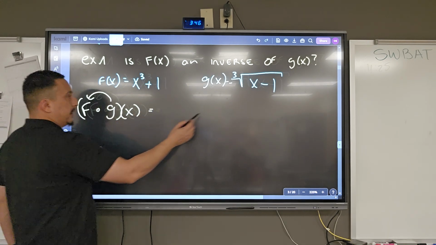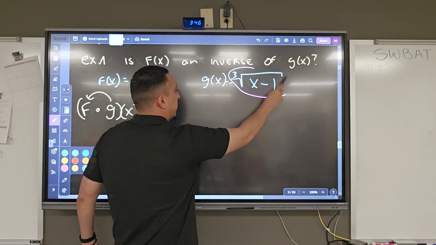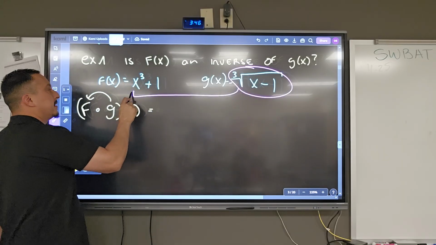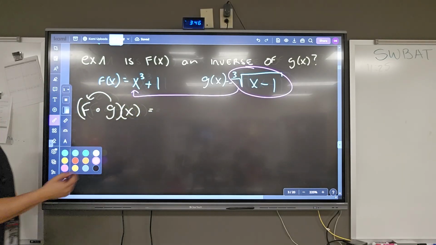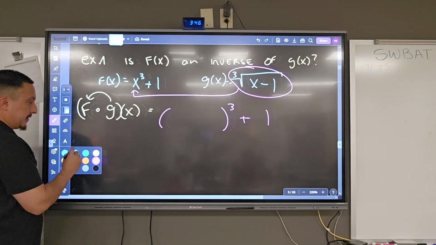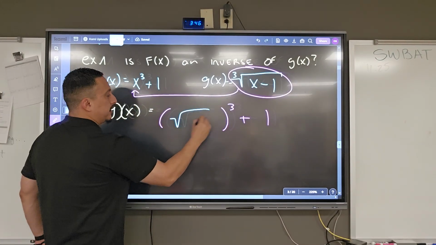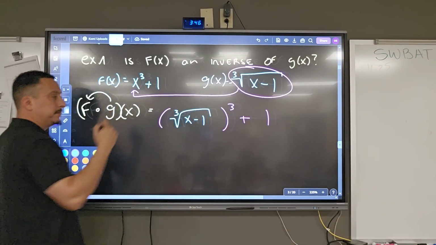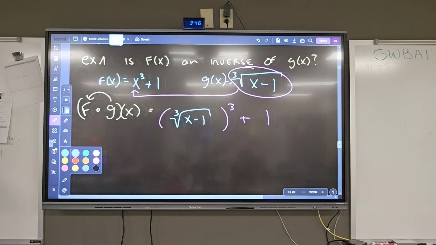Okay, so I'm going to take g and plug it in. It will look like this: something cubed plus 1. That something is g, so the cube root of x minus 1, cubed. What does the cube do to the cube root? Cancels it out.